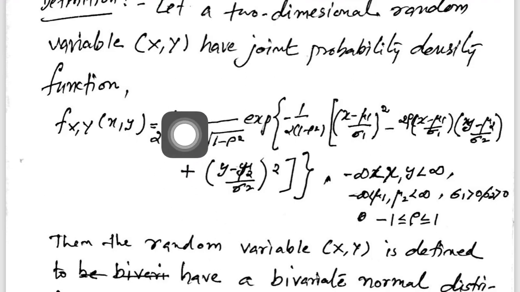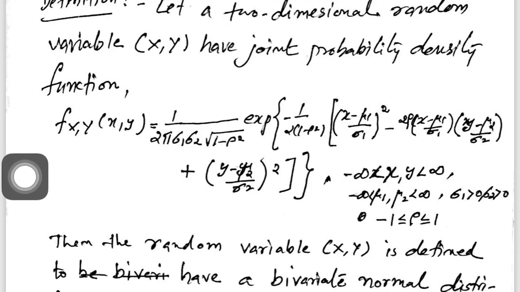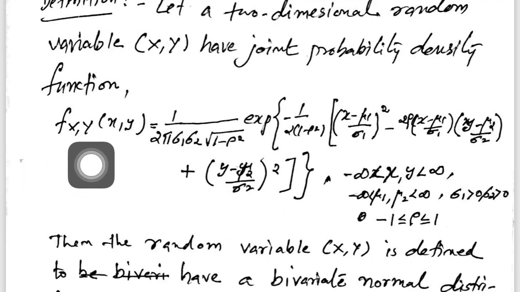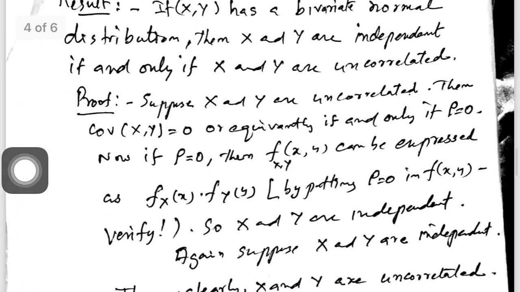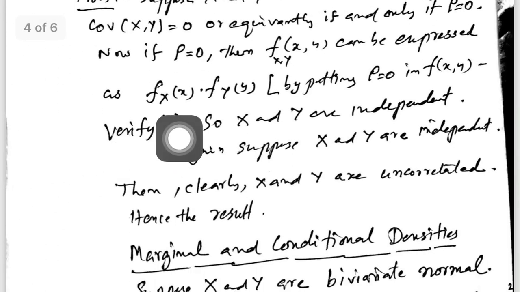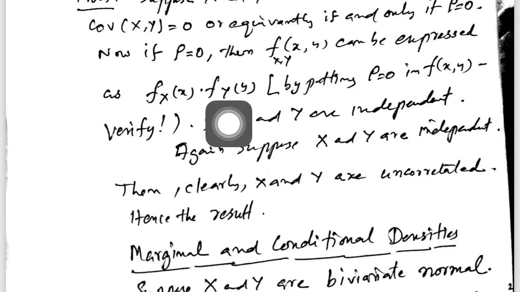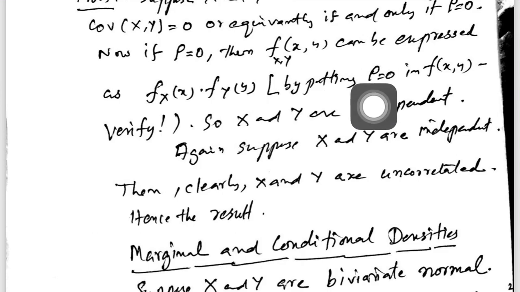That means you can write 1 by 2 pi sigma 1 sigma 2 as 1 by root 2 pi sigma 1 into 1 by root 2 pi sigma 2. So this f of xy can be written as fx into fy. That is very easy to verify only by putting rho equal to 0.